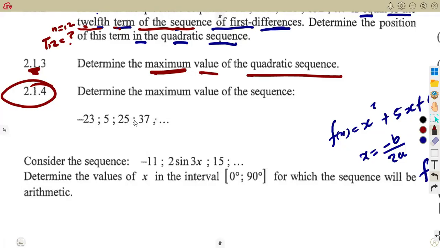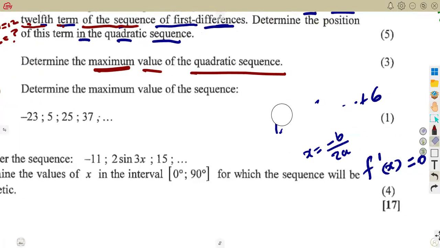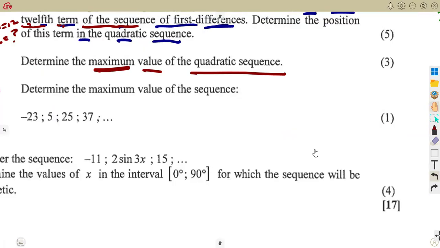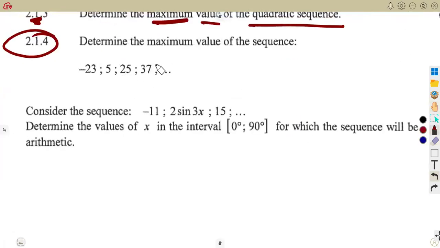If we consider this sequence, the first term is negative 23. Then we want to figure out what type of sequence this is. Is it linear or what?